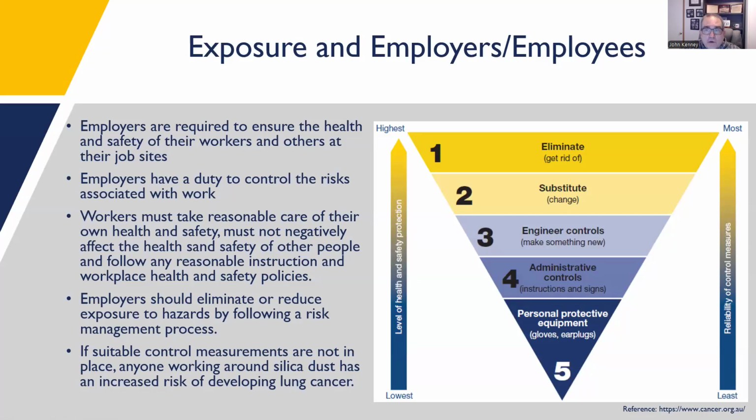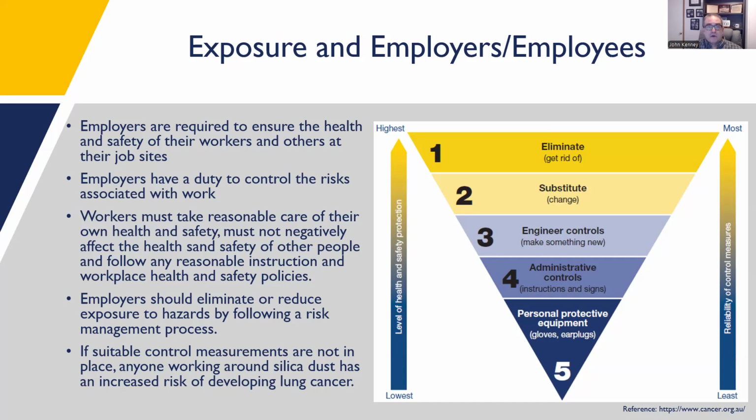So what do we do? How do we figure this out? Employers are required to ensure the health and safety of their workers and others at their job sites, very similar to everything else that falls under the OSHA regulations. Employers have a duty to control the risks associated with the work.